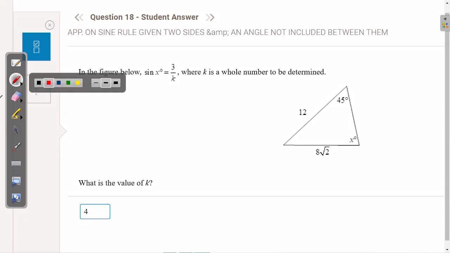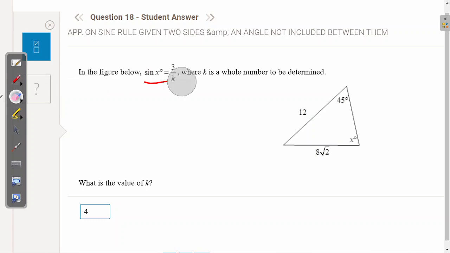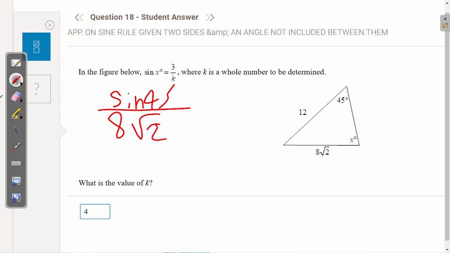Okay, they want sine x, but the only rule that has sine is the sine rule, of course. So you do sine 45 over the opposite side, which is 8 radical 2, equal to sine x over the opposite one, which is 12.